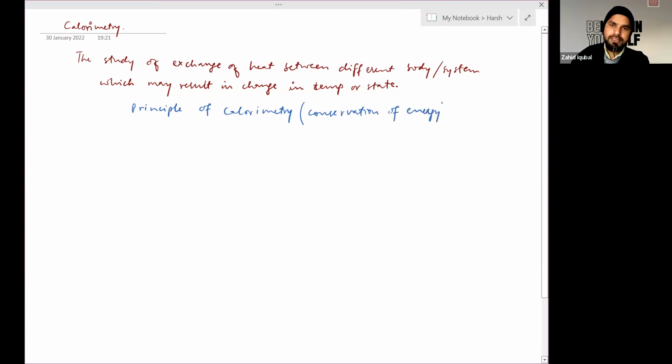It says heat lost by one body must equal heat gained by the other if there is no loss of energy into surrounding.